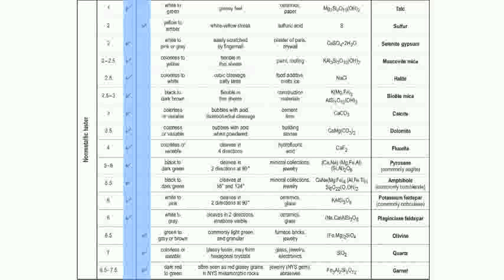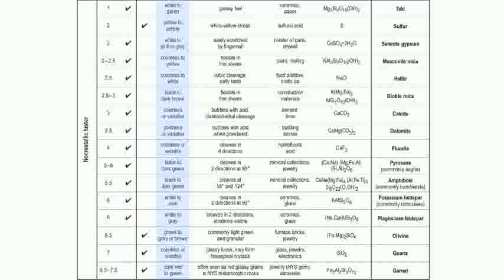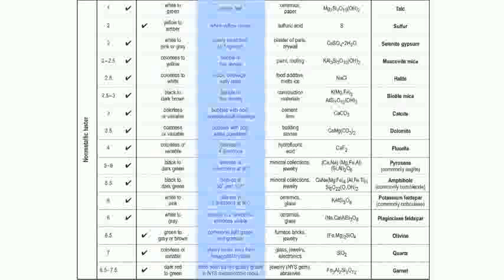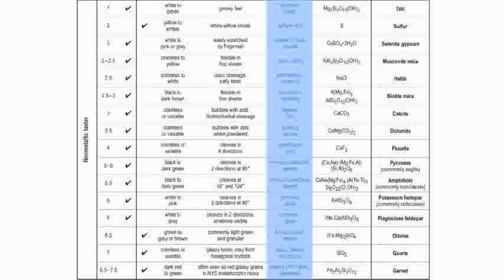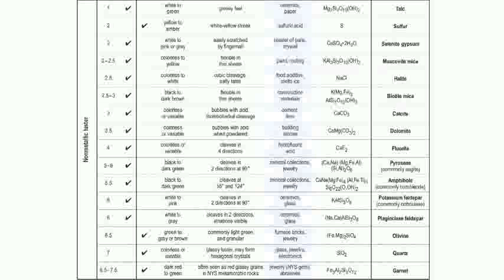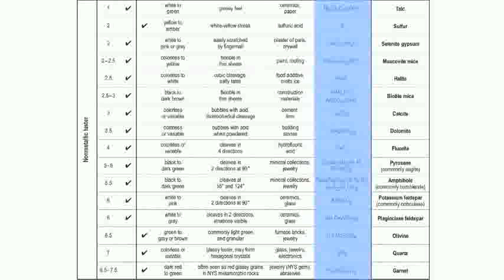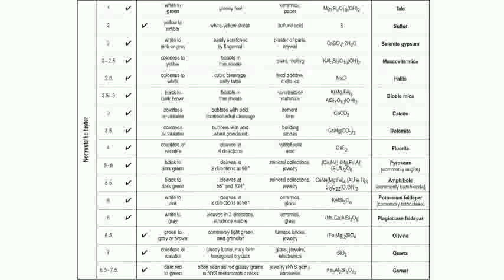You have a couple underneath fracture, uneven surface. You have your common colors. You have your very important distinguishing characteristics. You have your common uses, your chemical compositions. You see some of those compounds are extremely complex. And then finally the actual mineral names as well.